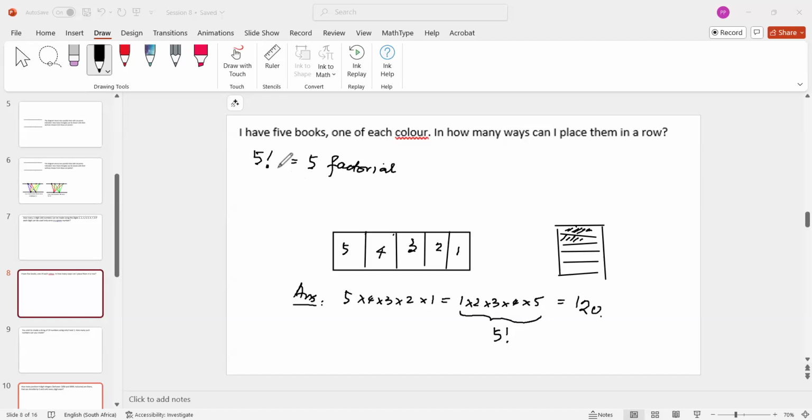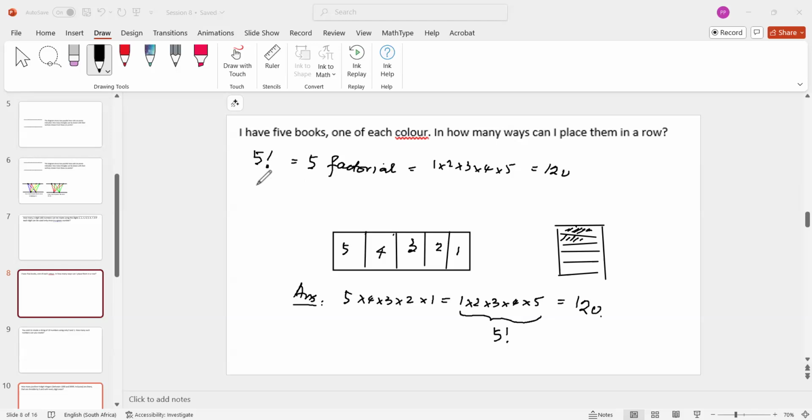Now, this is not as if you're so surprised to see the number 5, right? No element of surprise here. This is a mathematical symbol borrowed from the symbols in the English language. And we read this as 5 factorial. And this, by definition, is 1 times 2 times 3 times 4 times 5. And as we saw, this is 120.